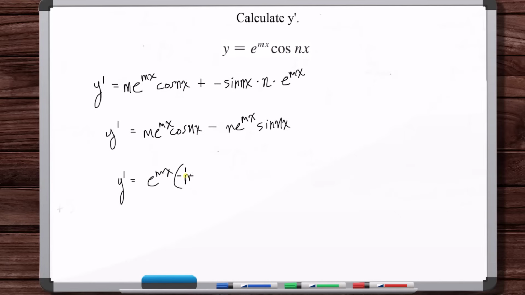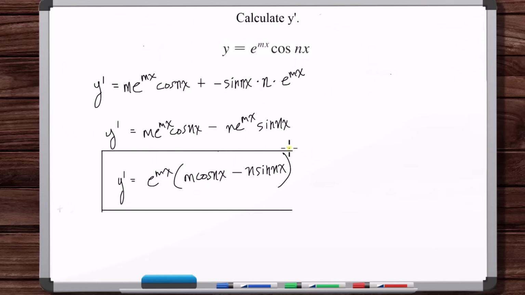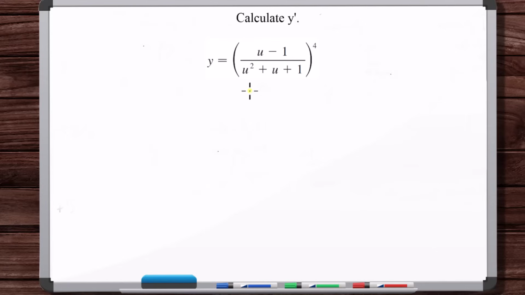And we get... and that's the derivative. Okay, you could potentially consider logarithmic differentiation, but it shouldn't be too bad to use the quotient rule.